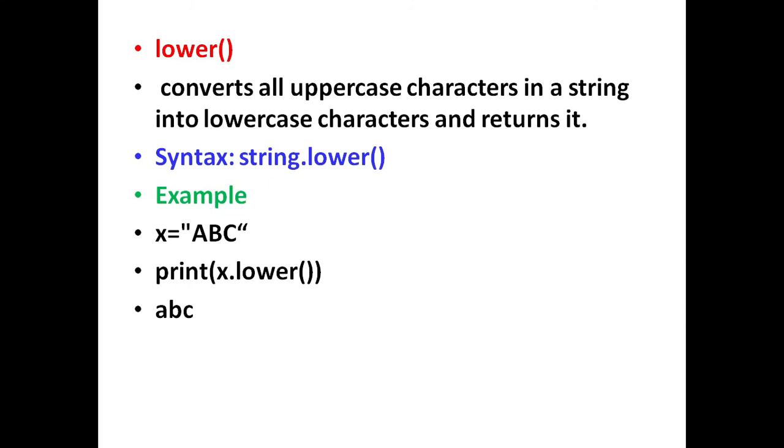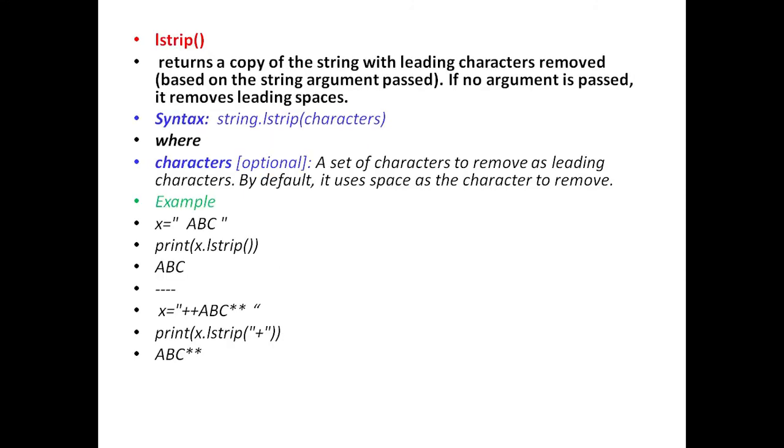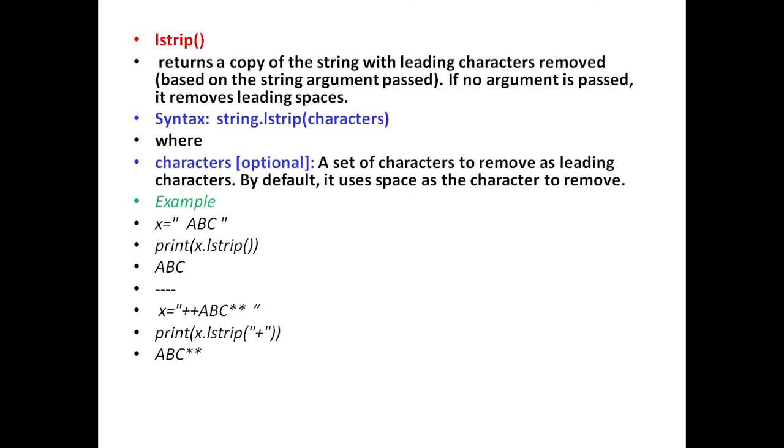Next is lstrip. This function returns a copy of the string with leading characters removed. If no argument is passed, it removes leading spaces. General syntax is string.lstrip(characters), where characters is a set of characters to remove as leading characters. By default, it uses space as the character to remove.